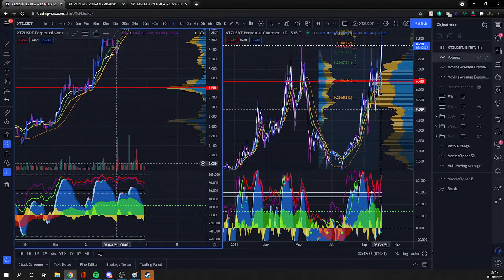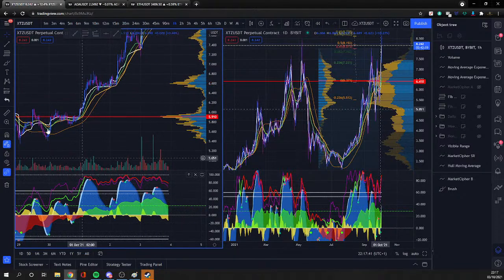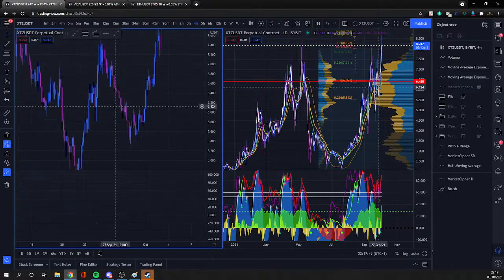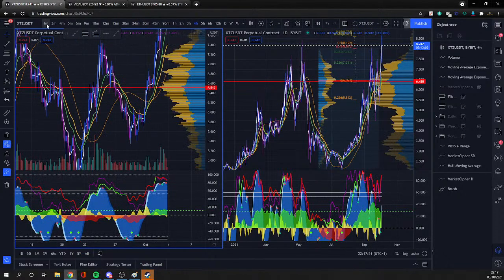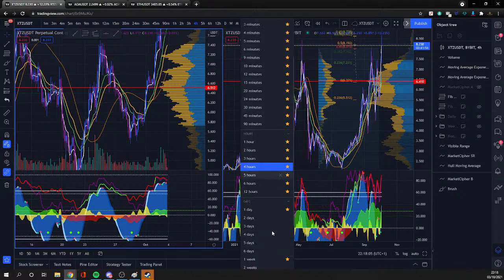Again, this wouldn't solely be used for my entry. It's only Market Cipher B and the time frames that I've stated. You have to stick to the 6 minute, the 24 minute, the hour and the 4 hour. Do not deviate. The rest of the time frames, pretend they're dead to you, remove them off your chart, delete them from here by right clicking them.